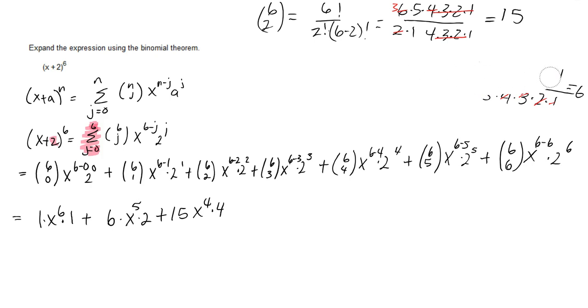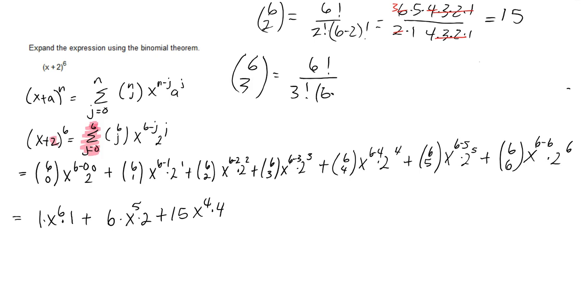Now we want to find 6 choose 3. That's 6 factorial over 3 factorial times 6 minus 3 factorial. That's 6 times 5 times 4 times 3 times 2 times 1, over 3 factorial, which is 3 times 2 times 1, and 6 minus 3 is 3, so we have another 3 factorial.